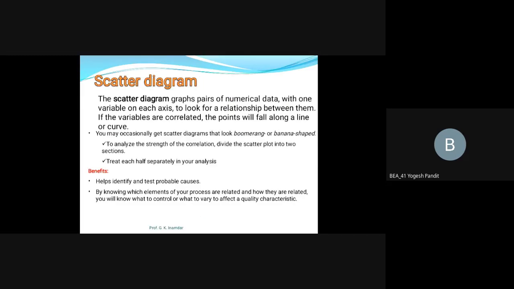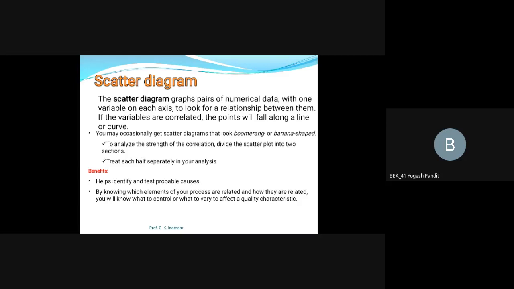Scatter diagram. The scatter diagram is also one of the tools. A scatter diagram graphs pairs of numerical data with one variable on each axis to look for a relationship between them. Where relative data is there, we have to find out whether average type of data is there. A better example is share market charts.